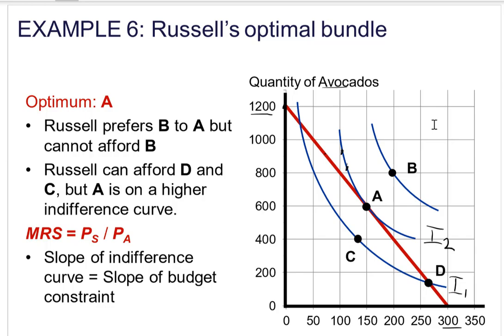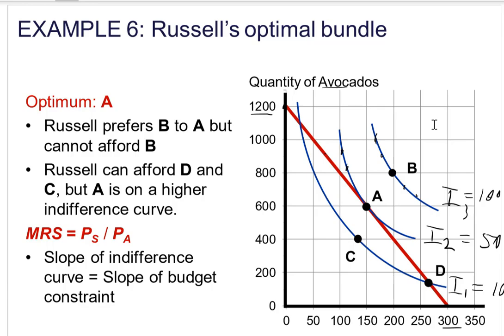And the third indifference curve, I3, is even better. It's better than the other two. It basically combines points that allow Russell higher utility. So let's say this is 100 utility. This is, let's say, 50. Let's say this is 10.